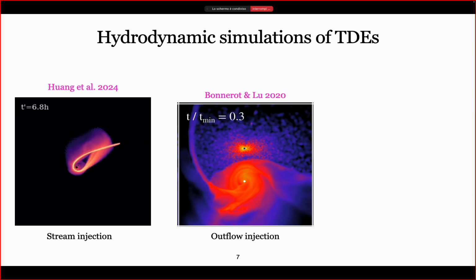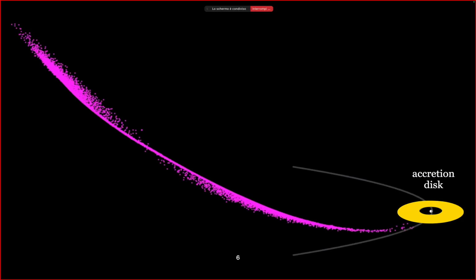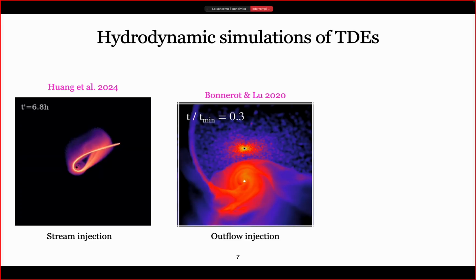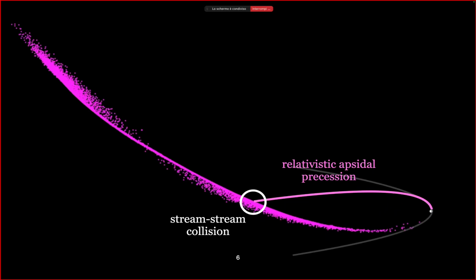So for example, on the left, it's a simulation where they omit the stellar disruption and they only simulate the stream infall towards the black hole, and so they have to assume something about the stream, while here they study a later part of the event where they simulate the outcome of this collision to see how the disk could form from that collision.